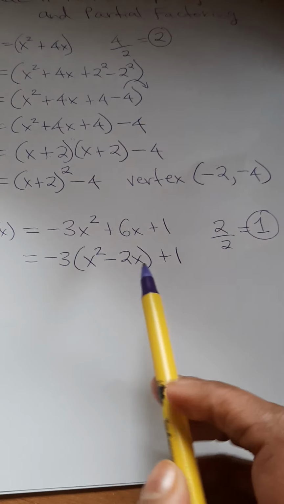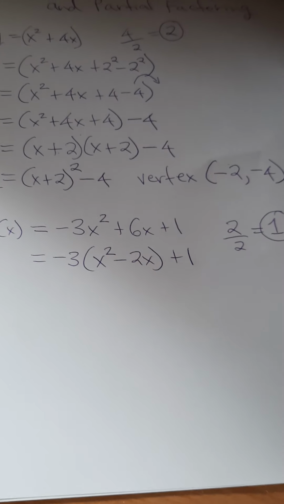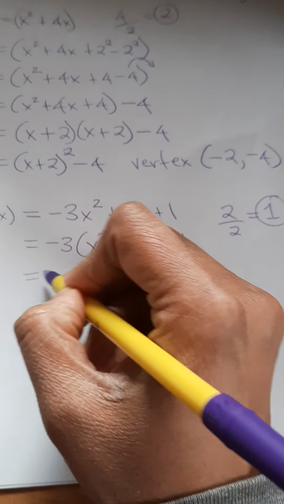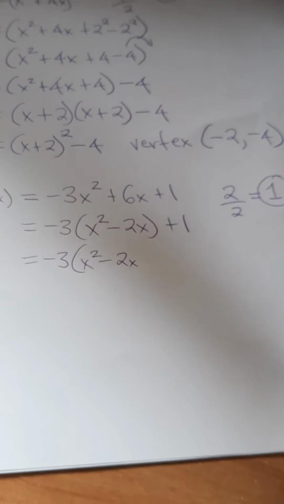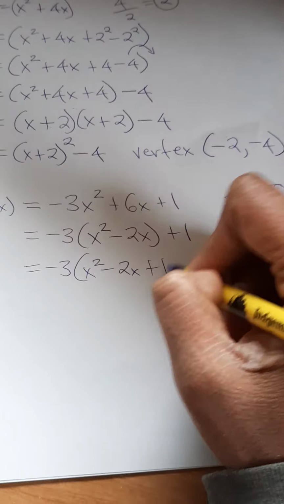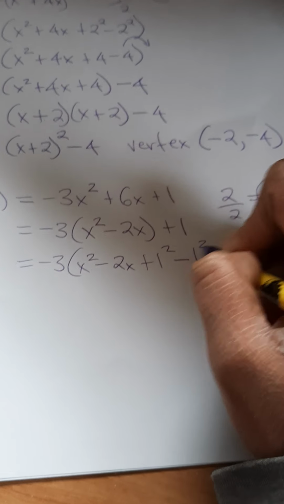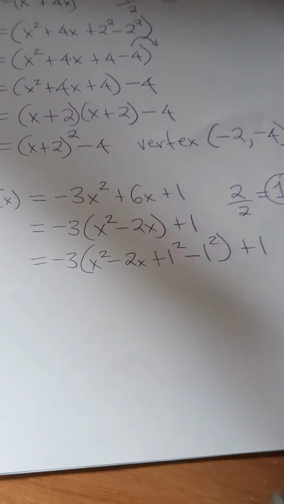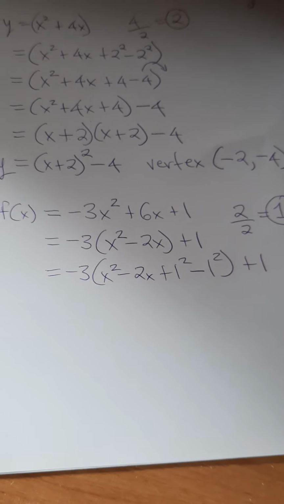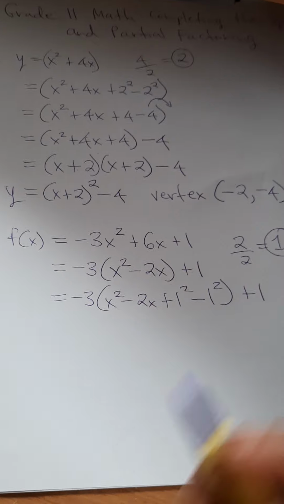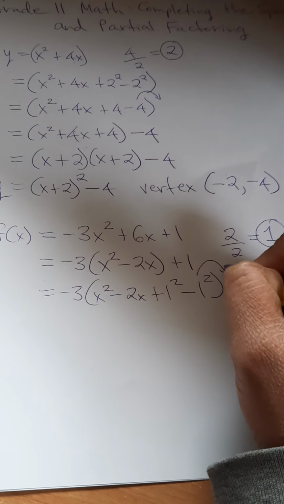So that's my perfect square. Again, I don't need to really use that negative sign because I'm just going to add and subtract my perfect square. So x squared minus 2x, then plus 1 squared minus 1 squared, close the bracket, plus 1. Does everyone see that? And in the next step, you're going to take this negative 1 outside.